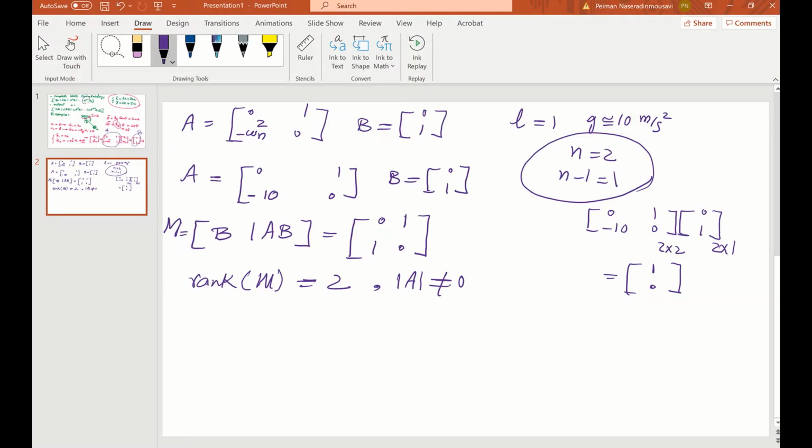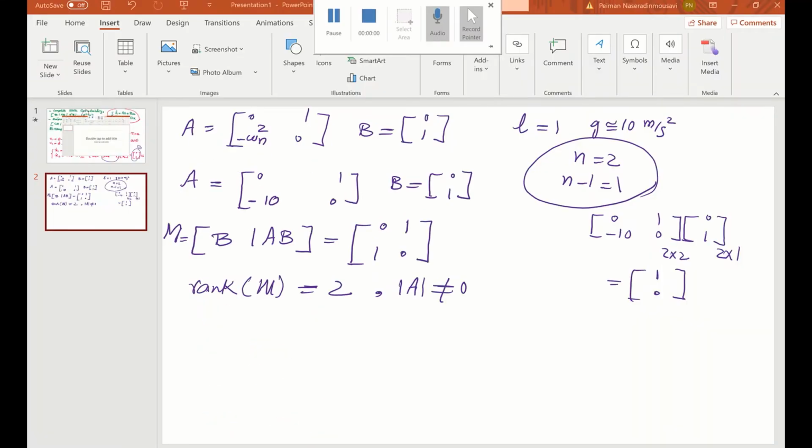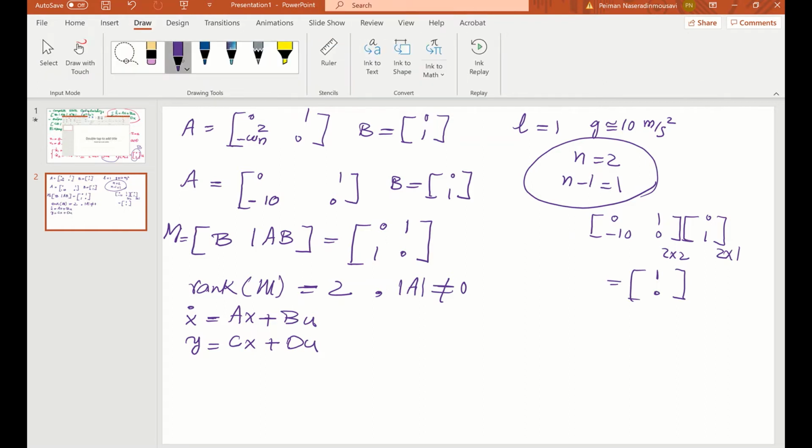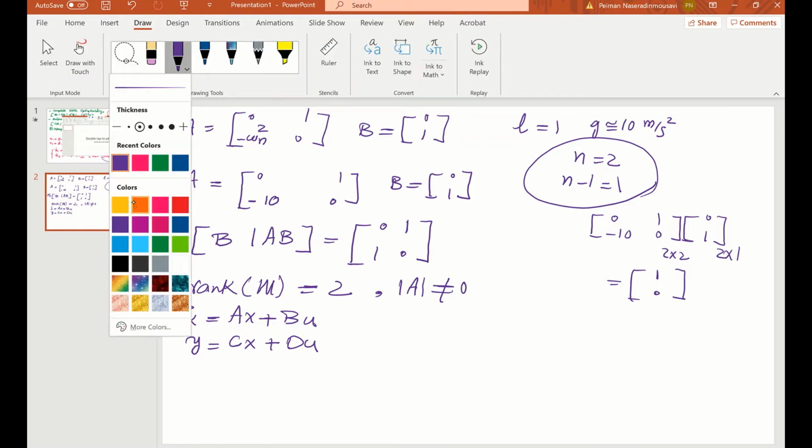Okay, so let's continue. In x dot is equal to Ax plus Bu for the LTI system, and y is equal to Cx plus Du, you have to know some trivial rules.